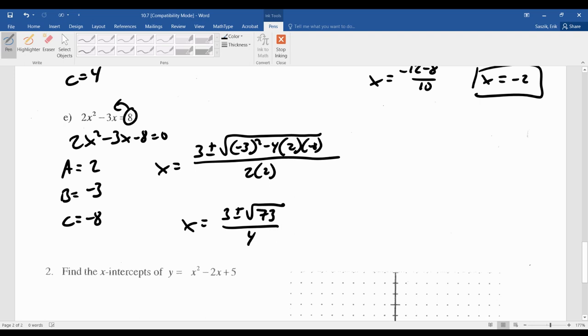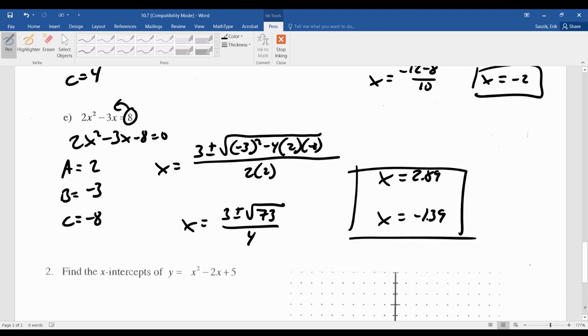Square root of 73 is not a nice number, so you have to use your calculator on this. So you're going to do 3 plus square root of 73 divided by 4. That should give you 2.89. And then you're going to do 3 minus the square root of 73 and divide by 4, and you're going to get negative 1.39. Okay.